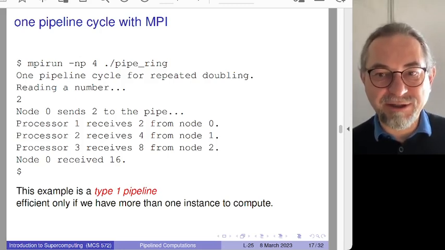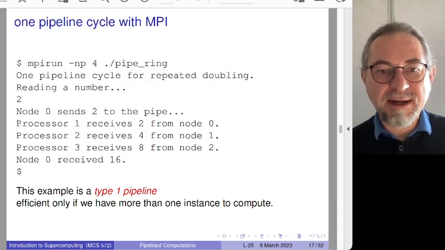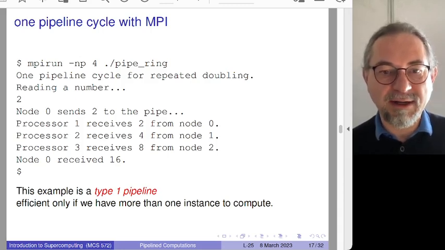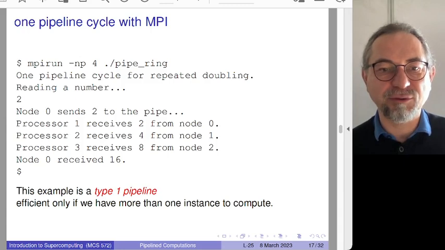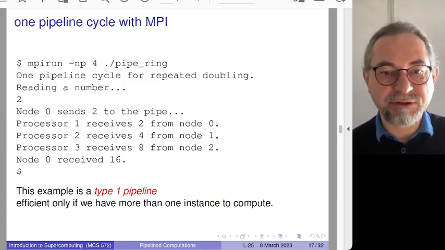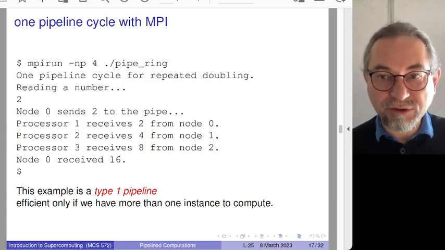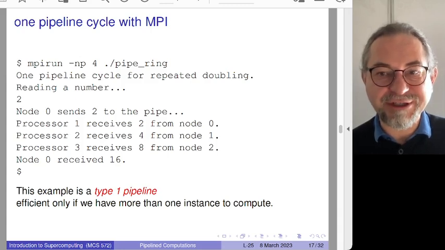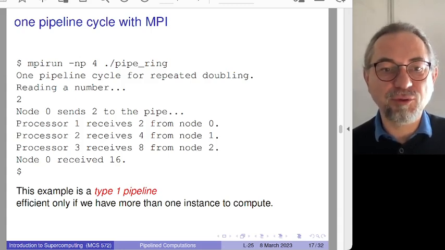Processor 2 receives the 4 from node 1, doubles it and sends it to processor 3. Processor 3 will double it once more, so we now have the number 16, and that will be sent to node 0.